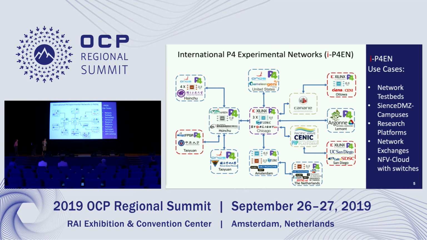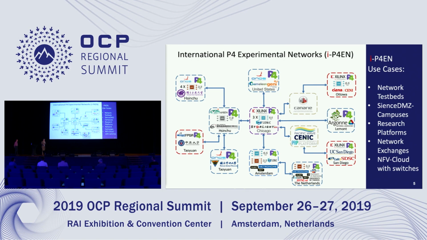The use cases are network testbeds and Science DMZ, which is a term invented by the US DOE agency. Basically, you can bypass the firewall and all kinds of regular operational network so you can do high speed data movement. Science DMZ on campuses and research platforms is a new area people are starting to expand into.